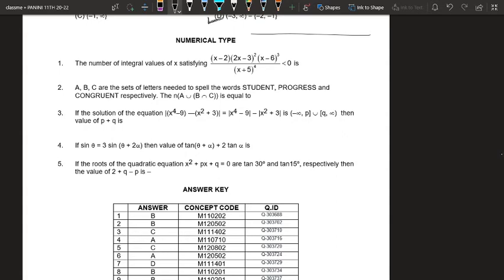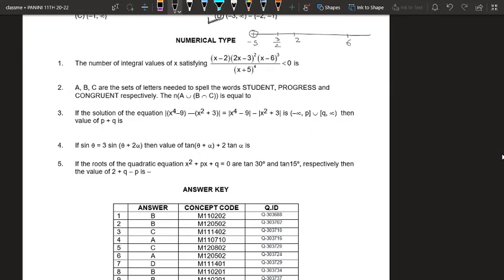This is 2, 3 by 2, 6 and minus 5. Minus 5 is coming from denominators, so we cannot take x equal to minus 4.